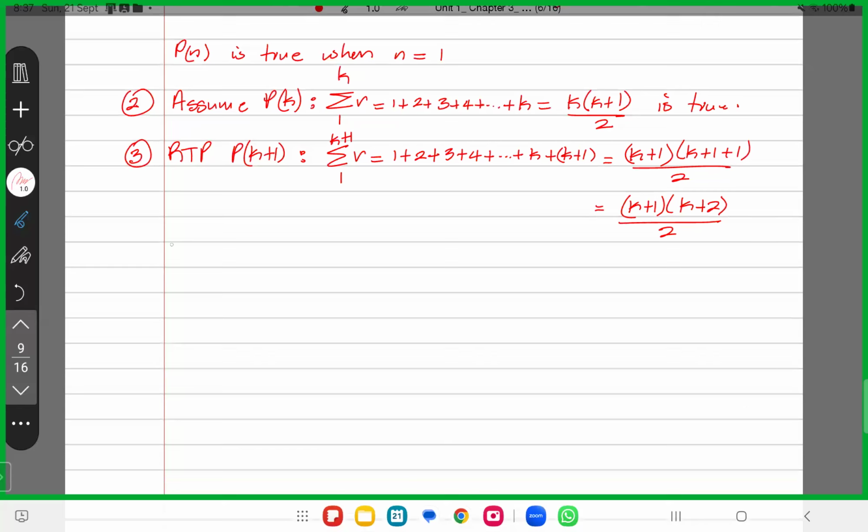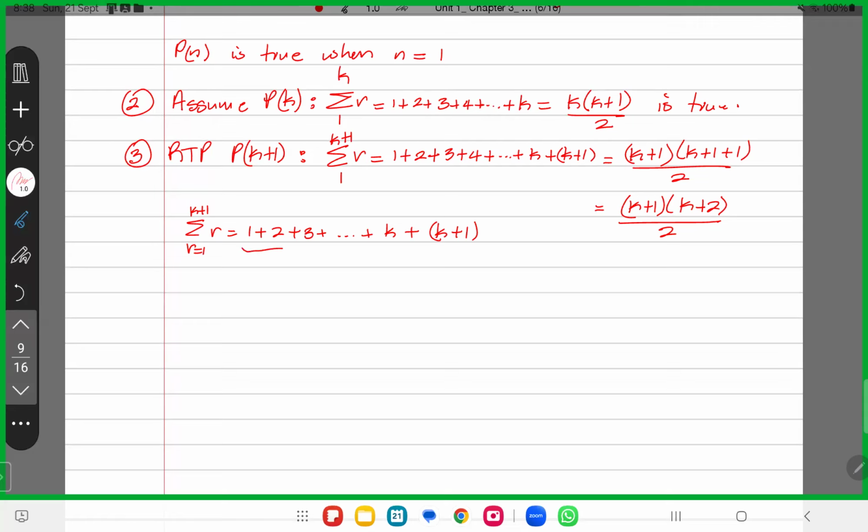So using the left-hand side, which essentially is saying from r is equal to 1 to k plus 1 of r, which is 1 plus 2 plus 3, up to k, then k plus 1. So that's the sum of the first k plus 1 counted numbers.